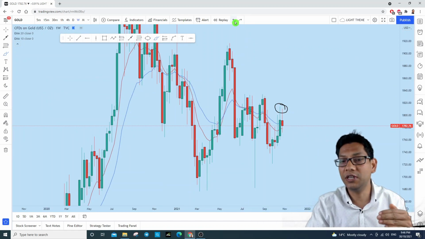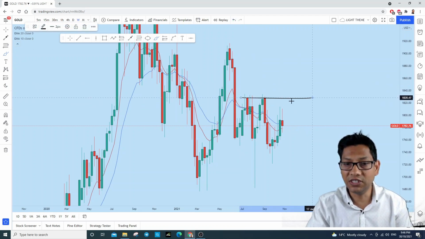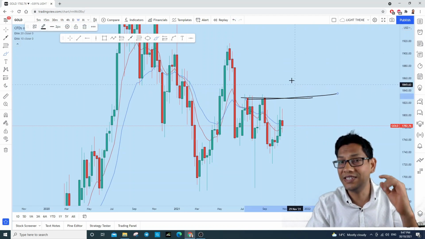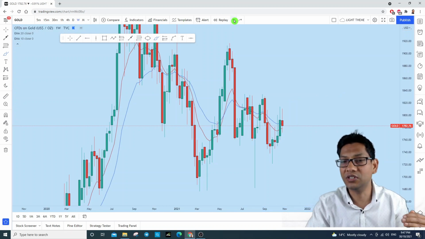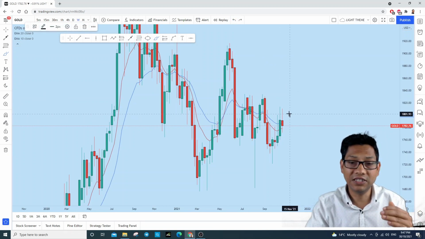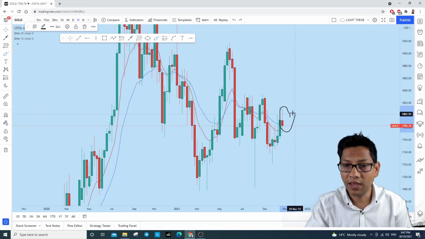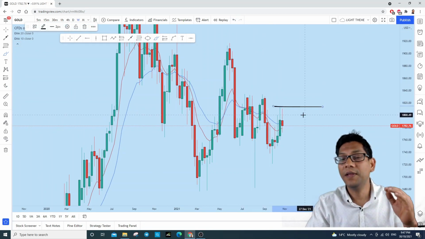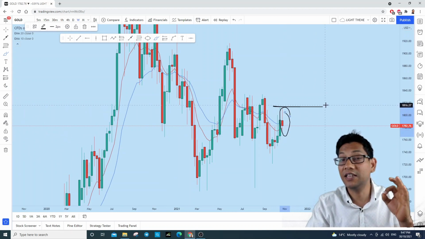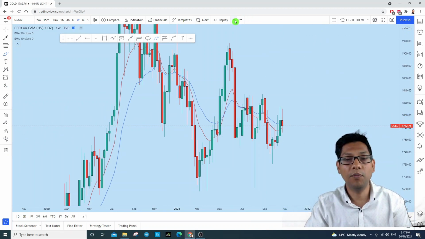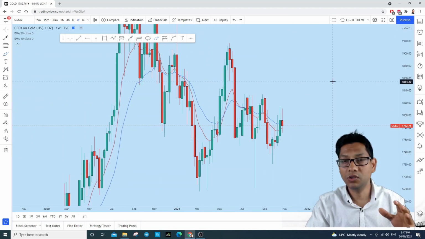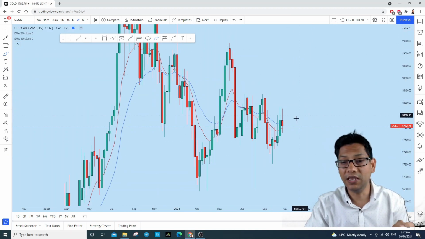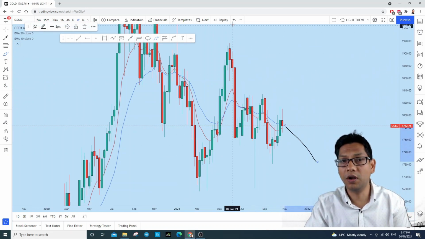I mentioned in some of my analyses that if this instrument manages to break this resistance, we might see a different story. But instead, this current week couldn't even break the previous week's high, and instead it has created a doji. So from here, as usual, you can expect a drop. So on the weekly, we see a downward momentum.